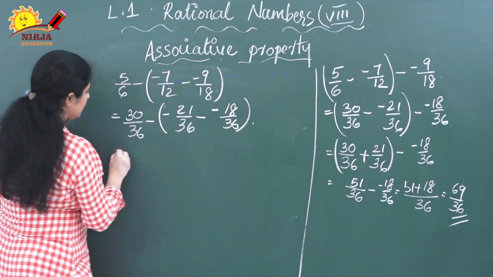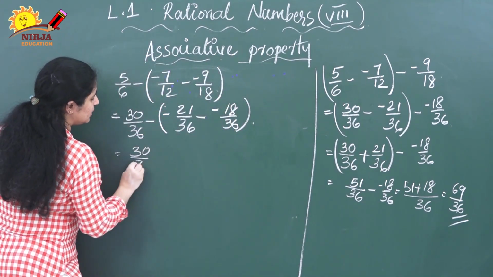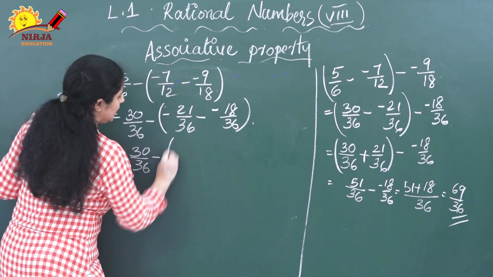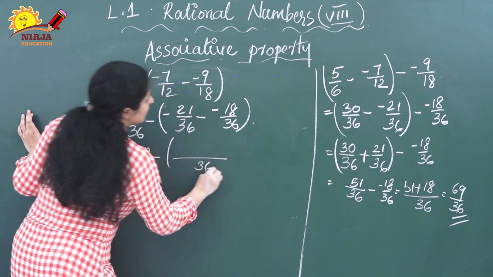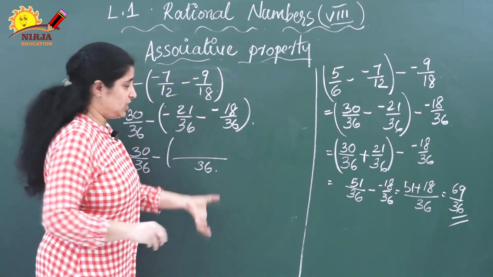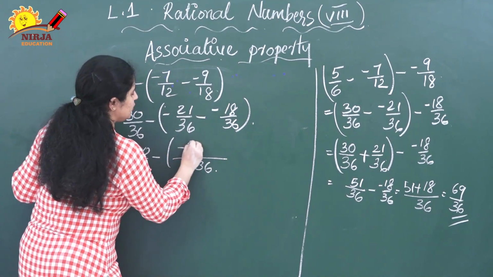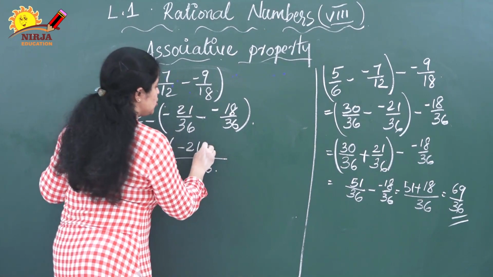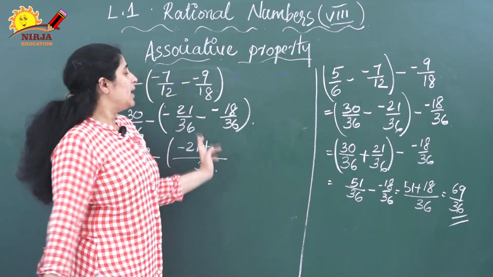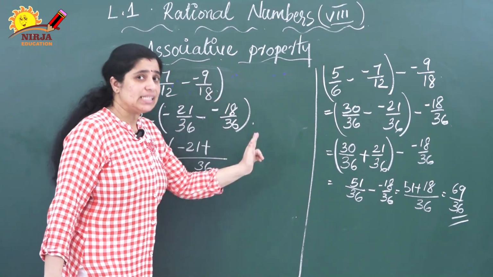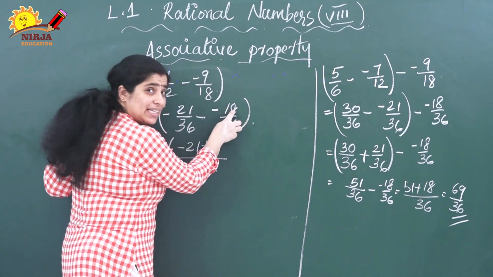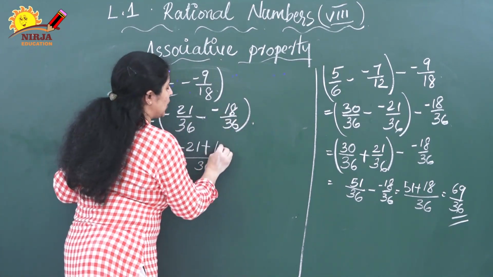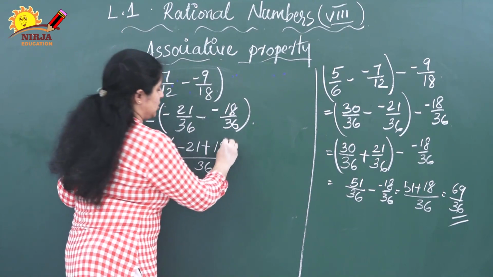Now we will write 30 by 36 minus, here you have to apply the rule of integers. First is negative number minus 21, the subtraction sign will change into addition sign, write the additive inverse of the second number. So this is minus 18, additive inverse means you have to write plus 18.